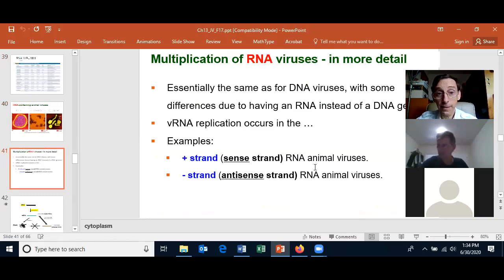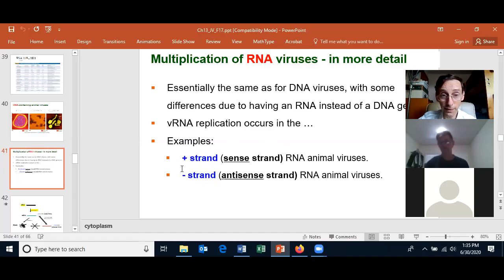For RNA viruses, if it's double-stranded, you just use one template of the RNA and use it to make the other template. So that's similar to DNA. If it's the single-stranded RNA virus, if you're the positive single-strand RNA, to replicate your genome, you make the corollary strand, the negative strand RNA, and then you use that strand to replicate more of the positive strand RNA, because that's your genome.